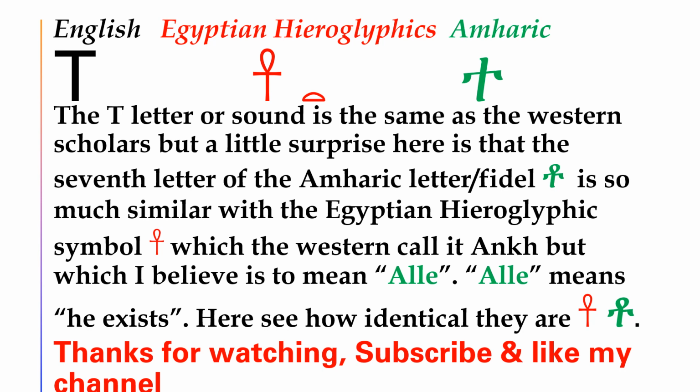The Western scholars call the Egyptian sign, the first sign, Ankh. But I don't think it is Ankh. It has to be Allah, because Allah in Amharic and in Semitic language means He exists.